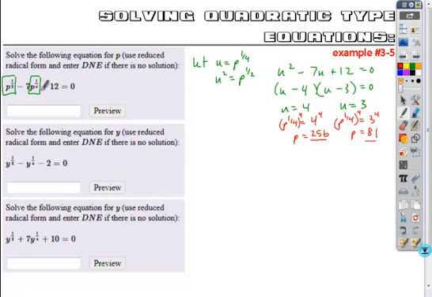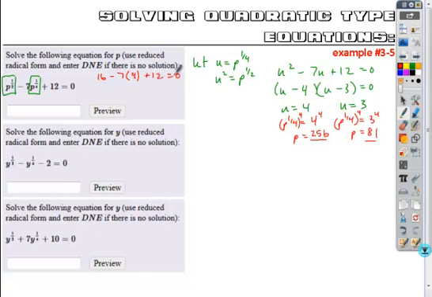Because we were dealing with rational powers, which are radicals, we do need to test and make sure these work in our original form. So p to the 1/2 is the square root of 256, which is 16, minus 7 times the 4th root of 256, which we see right here is 4, plus 12.